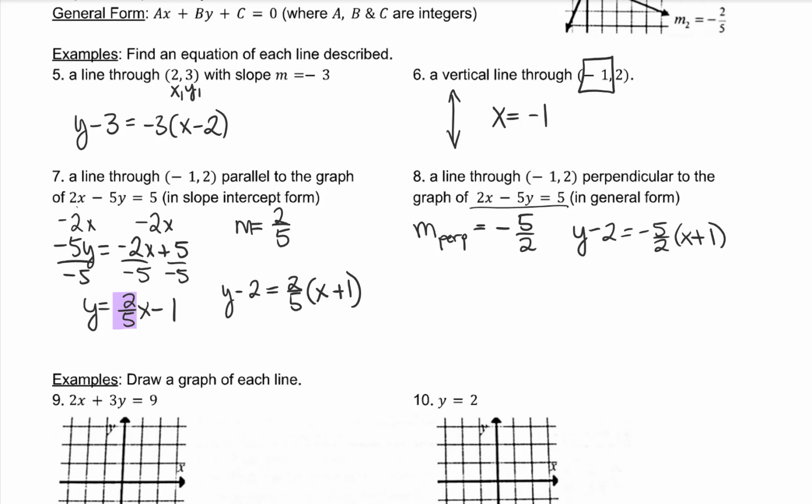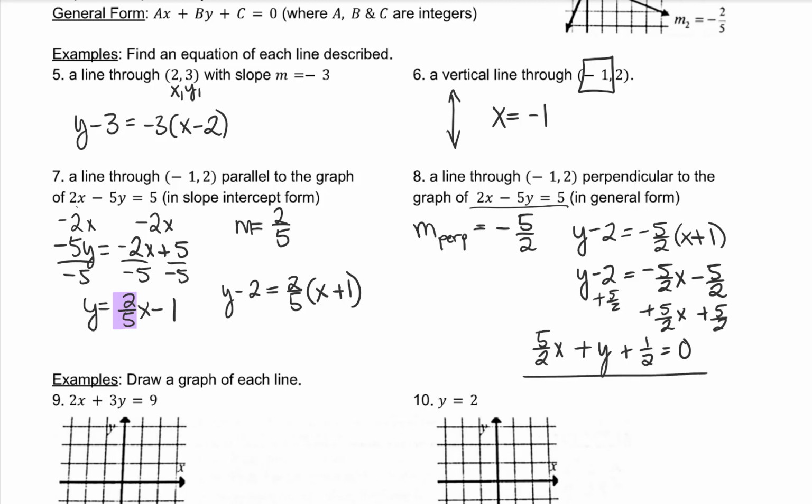To get this to general form, I'm going to need no parentheses and everything on the left side of the equation. So bringing everything to the left side of the equation. All right, it looks close to general form, but they did say a, b, and c have to be integers.